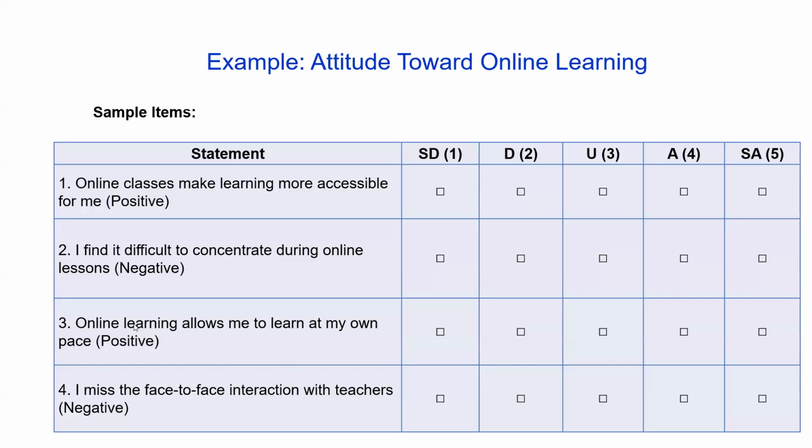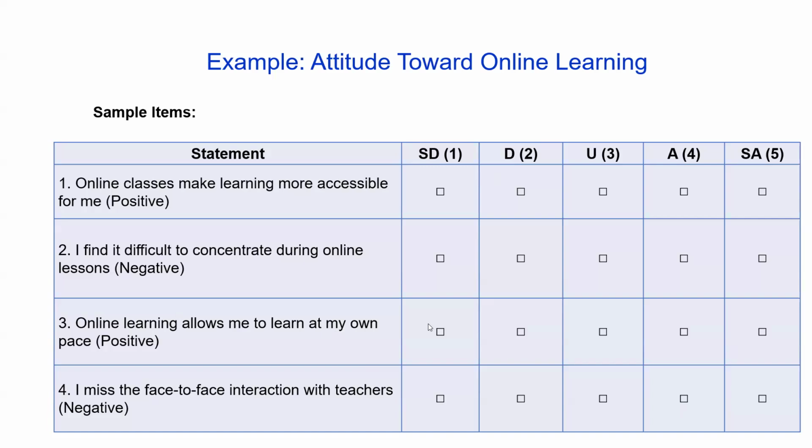So this is a positive statement, so 1, 2, 3, 4, 5 like that you give marks. And: I miss the face-to-face interaction with the teacher. This is a negative statement, so you give marks 5, 4, 3, 2, 1.